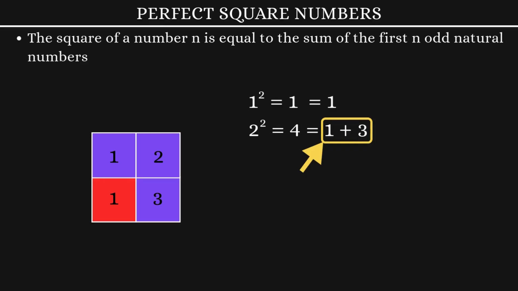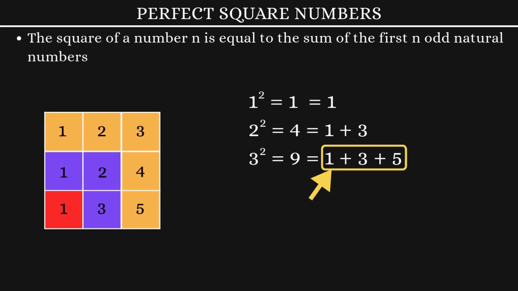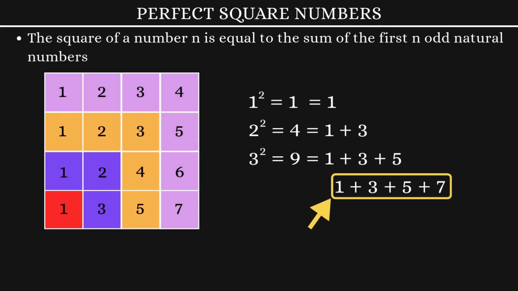Next, let's take the next odd number, 5. So we'll add 5 small squares. What results is a total of 9 squares, which is 3 squared. 3 squared is the sum of the first 3 odd numbers, 1 plus 3 plus 5. Similarly, when you add 7 to this, you will get a total of 16 small squares, which is 4 squared.